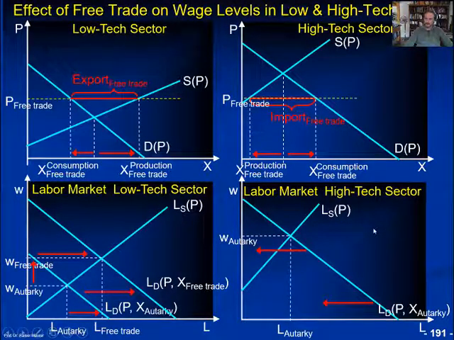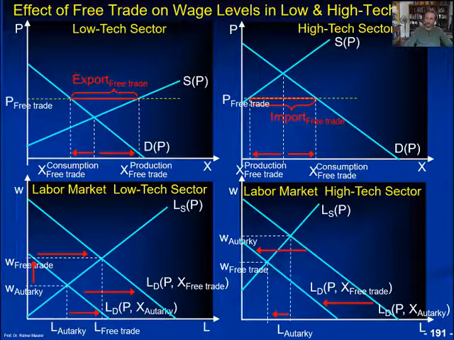As a result, the labor demand curve for high-skilled workers moves to the left. The consequence is a lower wage rate on the market for high-skilled workers. So the wage rate for high-skilled workers falls under free trade compared to the wage rate under autarky.